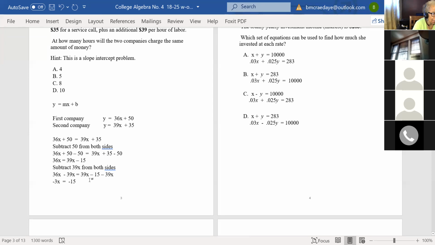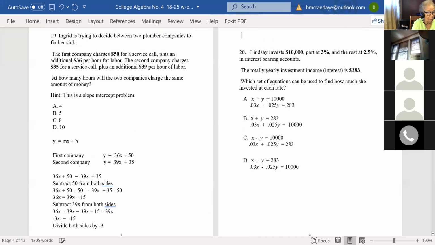How do I solve for x? Divide both sides by minus 3. Okay, and what would that give me?